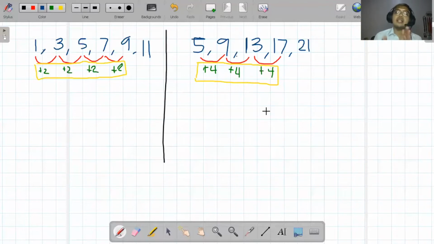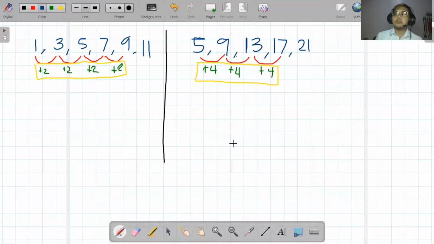So, if there is a sequence and the pattern is that we add, that sequence is called an arithmetic sequence. First, on page 7, the definition. An arithmetic sequence is a sequence where every term after the first is obtained by adding a constant number.